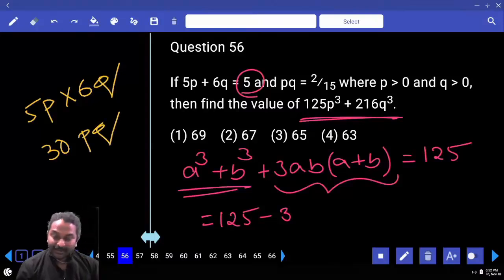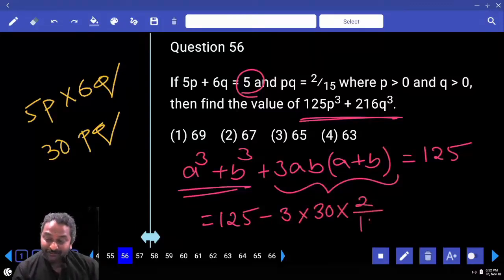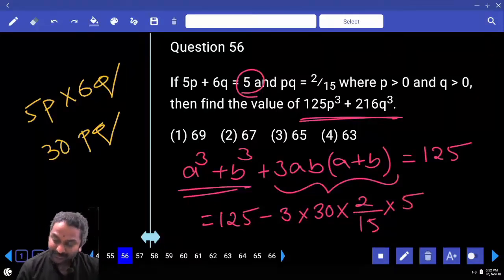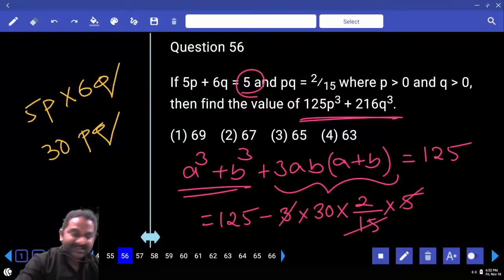Correct? 3 into 30 into PQ into A plus B. A plus B is 5. 3 into 5 is 15, 15 gets cancelled. Come on, 125 minus 60, answer. That's it.